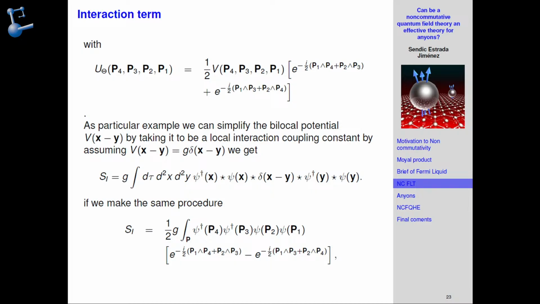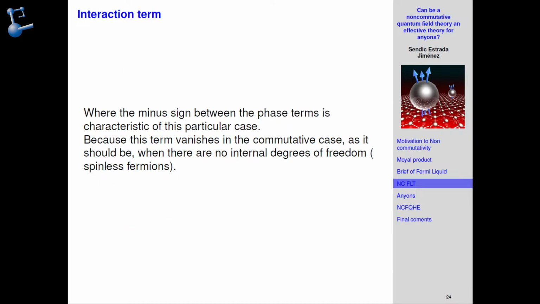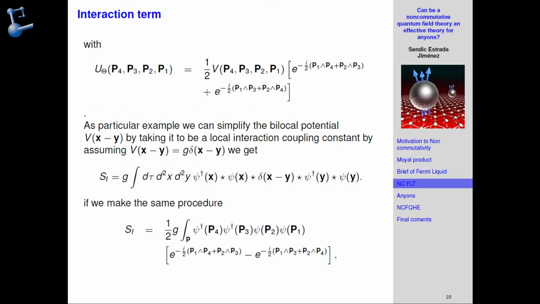That is what we hope, because in the classical commutative case, for fields without spin, there are no internal degrees of freedom. There are no quartic interaction terms for a Fermi liquid without spin. Then we can see that non-commutativity includes this additional term for a Fermi liquid for fields without spin.